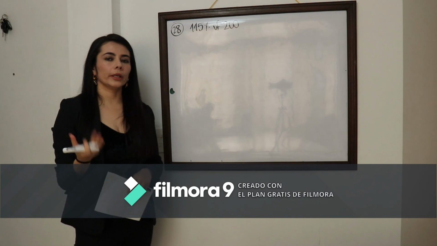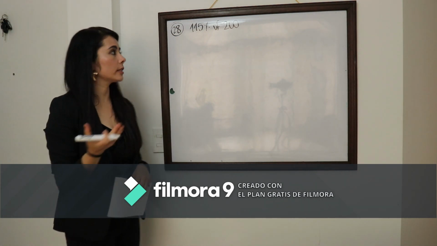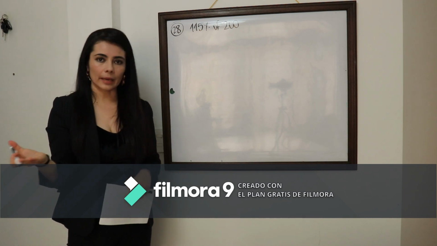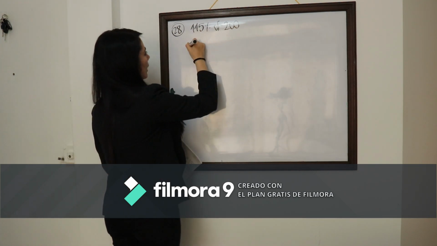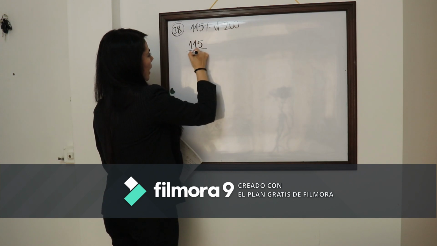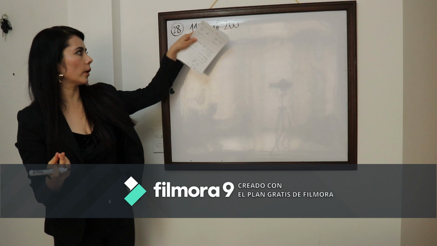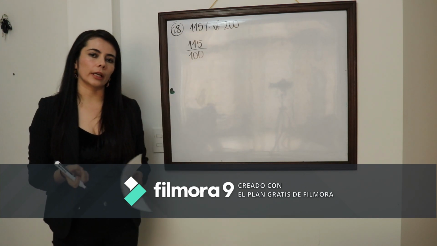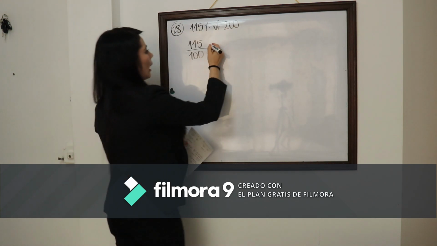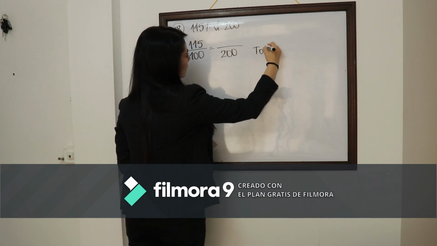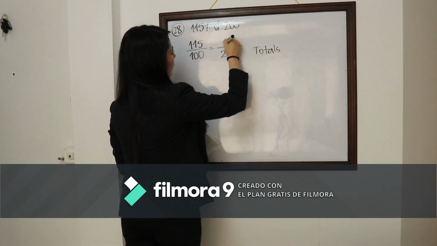Okay? How about when we need to find percentages that are actually greater than 100? How do we solve them? Same thing. Now we're just having an improper fraction, right? Instead of having a proper fraction, we're having an improper fraction. Why? Because we're having a percentage that is greater than 100. Of course, my totals are going to go down here, and then this is my x.